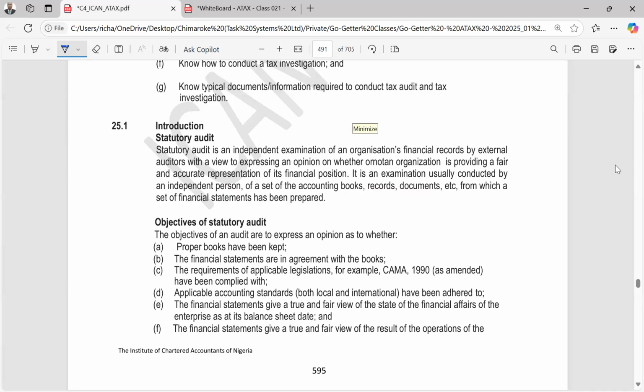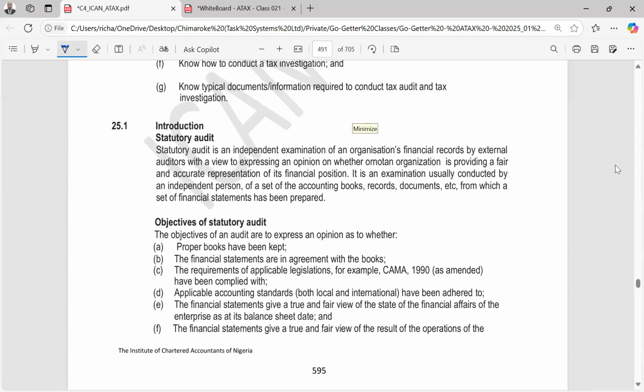He comes from outside and he conducts an official external examination, independent examination of the accounting books, record, and documents, which are the underlying documents that were used in preparing the financial statements. That is what we call a statutory audit. Now, statutory is something that is required by law. It means that for a company, it is required for you to have a statutory audit of your books.